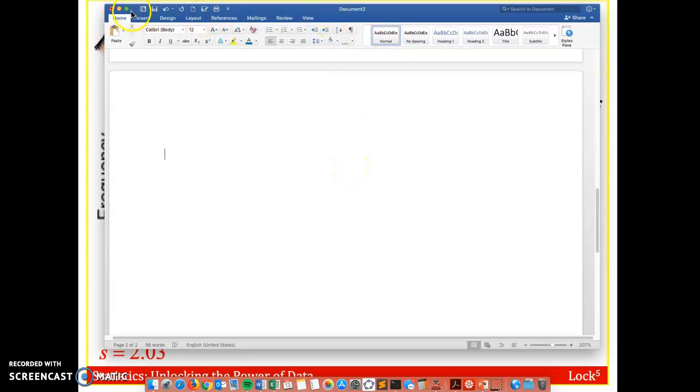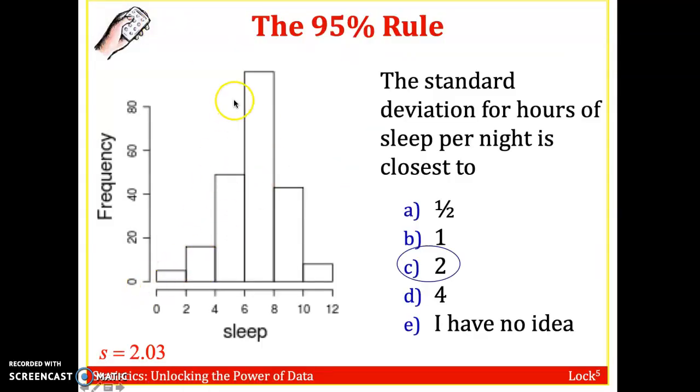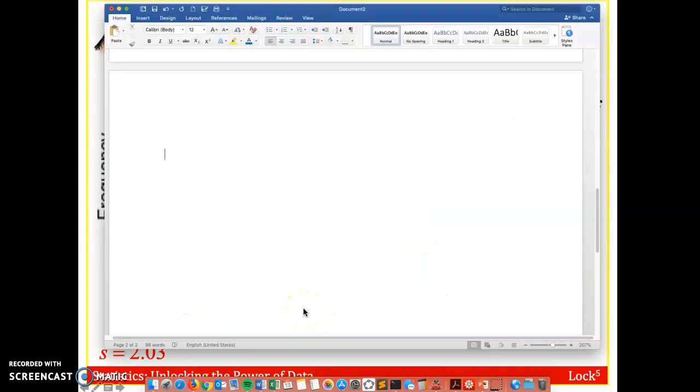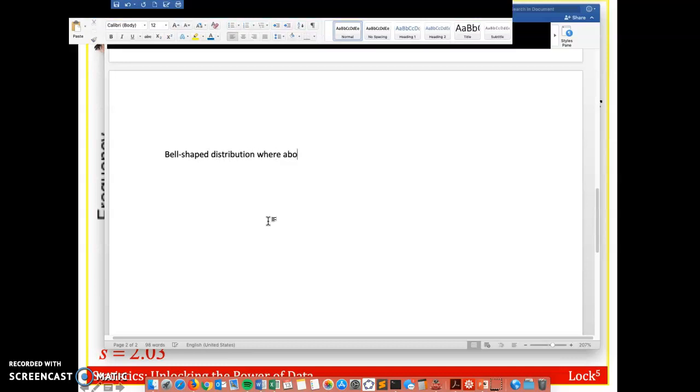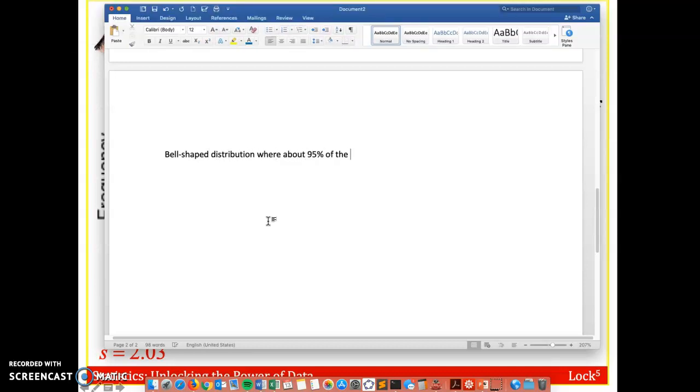All right, so in this distribution, it looks like 95% of the observations are between 2 and 10. So we have a bell-shaped distribution where about 95% of the data lies within 2 to 10 hours.